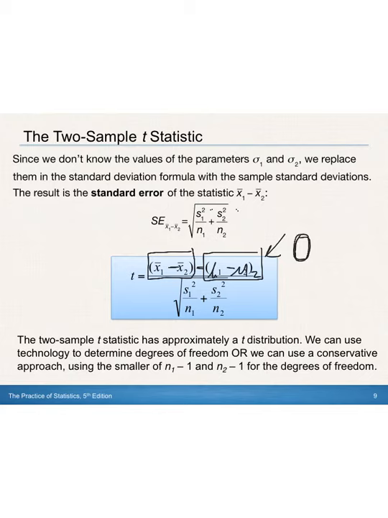So almost always this number is 0. And then since we're doing a t-statistic, remember we're going to be dealing with a t-distribution. Either we can use the smaller of the two sample sizes minus one for degrees of freedom, or the calculator will do it for you, and we'll know how to read that in class.